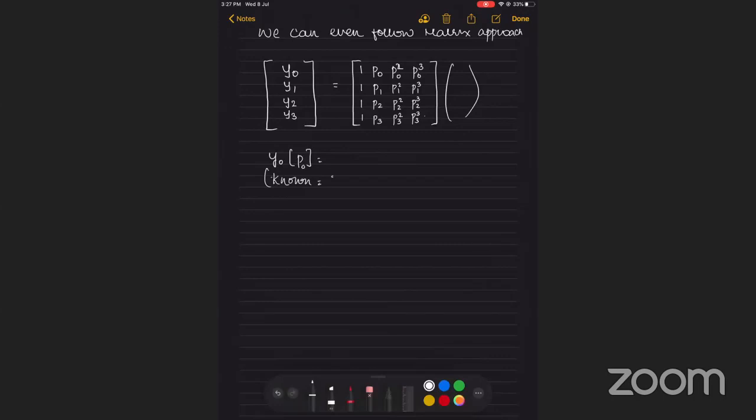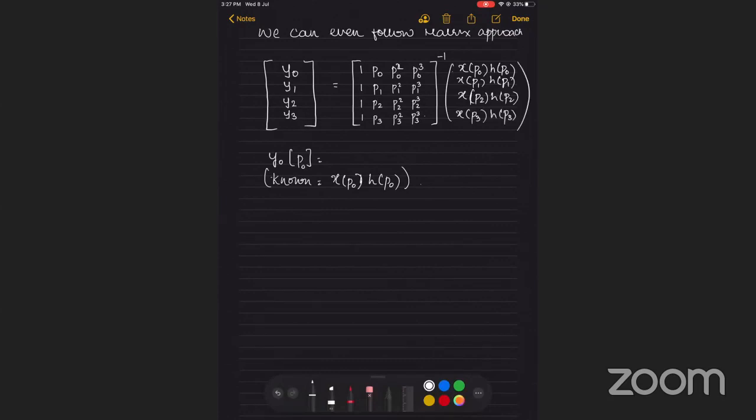What is this equal to? X of P0 into h of P0. So we have to look at the inverse of this matrix into these values: x of P0 into h of P0, x of P1 into h of P1, x of P2 into h of P2, x of P3 into h of P3.